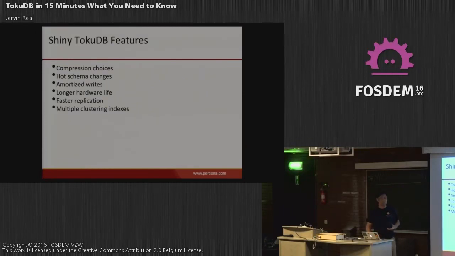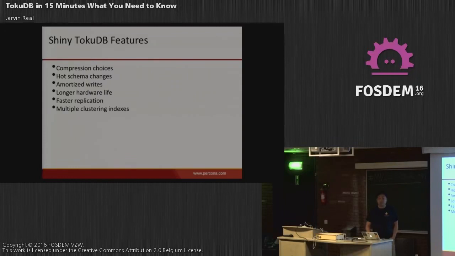And there are also multiple clustering indexes, which of course you have to know what you're doing before actually implementing. You can otherwise overshoot your compression goal, and instead of saving space, you're actually using much more space than you have planned.